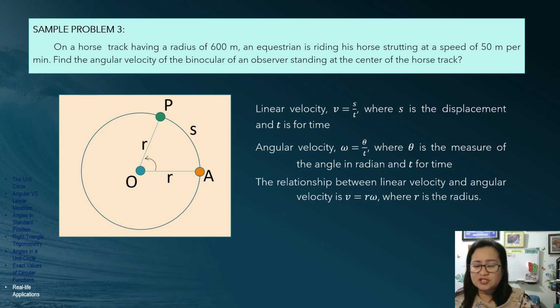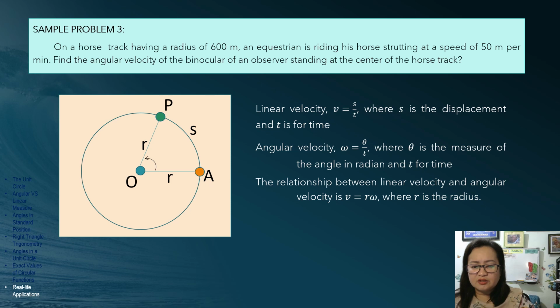So let's just define the linear velocity is given by v equals s over t, where s is the displacement and t is for time. For angular velocity, we have omega equals theta over t, where theta is the measure of the angle in radian and t for time.